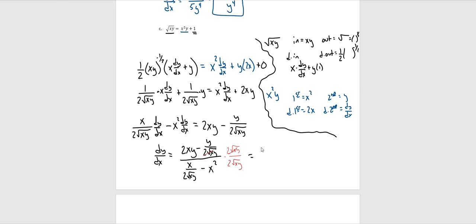So I'll have 2xy times 2 square root of xy minus y, all over, the 2 square root of xy cancels out, x minus 2x squared square root of xy. And collect that, call that a 4xy. You can factor out the y if you want to. Here you can factor out an x. I'm done. That's enough algebra for a calculus class.